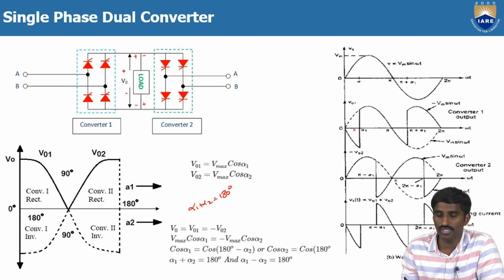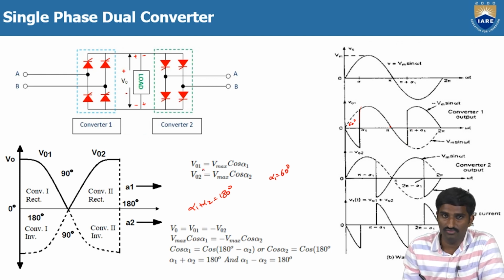From this output voltage equation, let me consider alpha 1 equal to 60 degrees. So this is 60 degrees, and here alpha 1 is starting. The output voltage follows the same as the input voltage from here. But because of the inductive effect, the negative current will also flow until the next thyristor triggers, the same way as in the full bridge inverter.